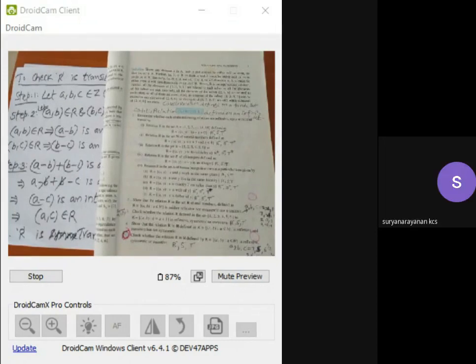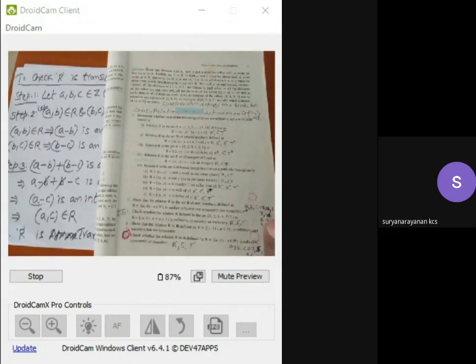Sir, what about the elements for symmetric and transitive? Do all the domain elements need to be there for symmetry? No, no, no. Only in the case of reflexive you should consider the elements in the domain. In the case of symmetric, we should not consider elements in the domain. We should consider only ordered pairs in the given relation. If 2 comma 3 is there, 3 comma 2 should be there. That's all.